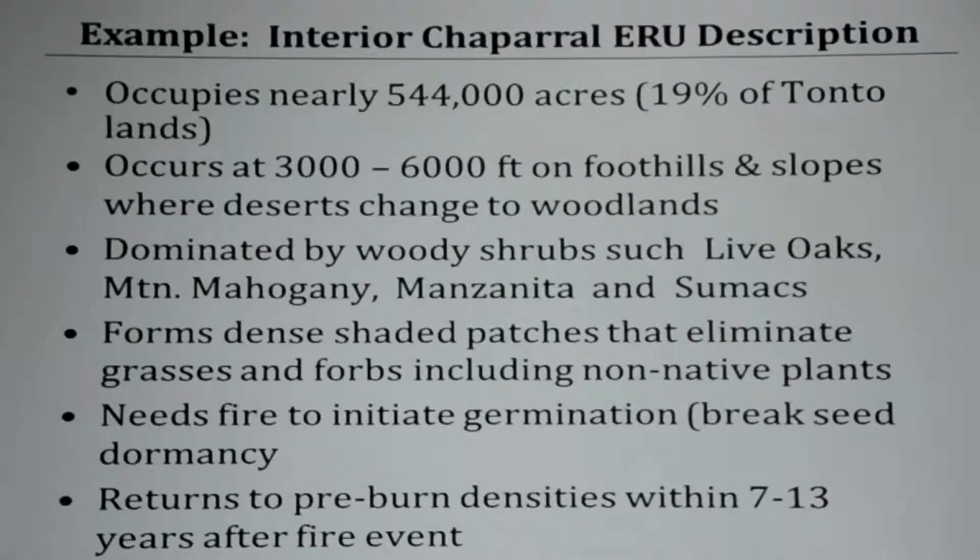It needs fire to germinate its seeds. That's the way it's fire adapted. It comes back from fire very well, sometimes in the range of 7 to 13 years to go from bare burnt ground back to pre-burn conditions. That's much faster than our other plant communities. So it's safe to call it fire adapted.